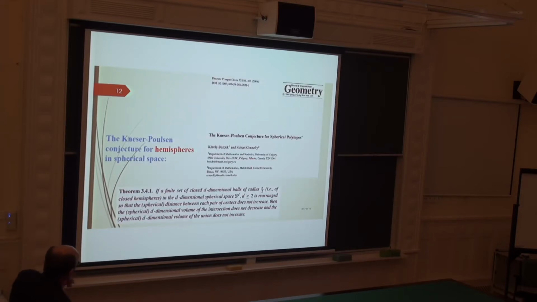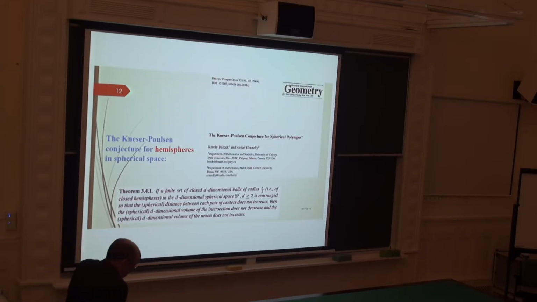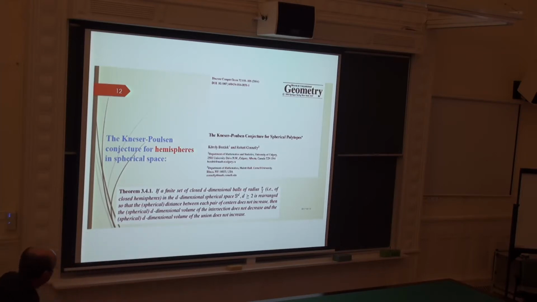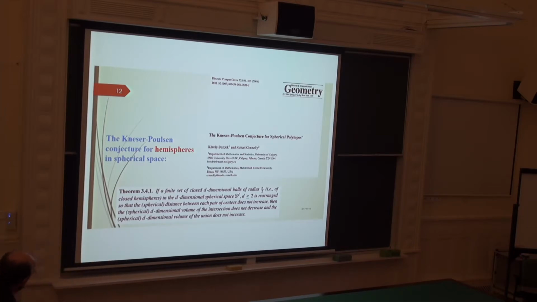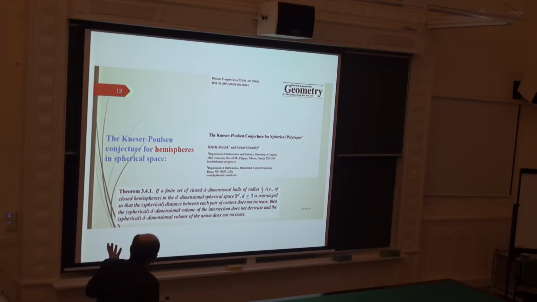Now, one more matter I should mention here. This is a short detour. There are, of course, a larger number of partial results known. One of which we got because we went after Gromov's idea to investigate this problem in spherical space. It turns out that in d-dimensional spherical space, the Kneser-Poulsen conjecture holds for closed hemispheres.